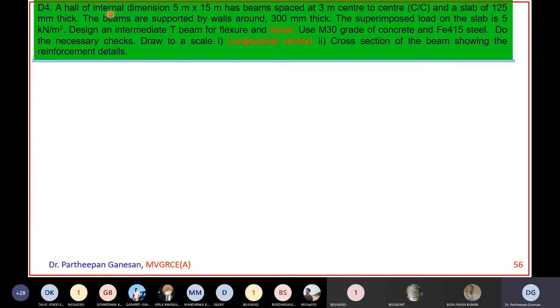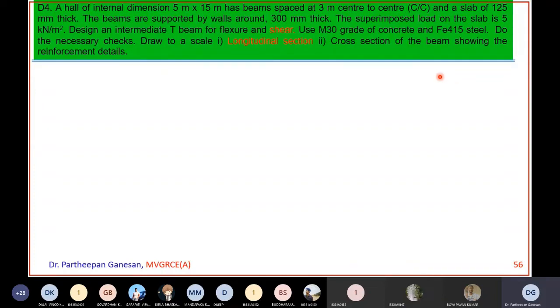A hall of internal dimension, make a note of it, internal dimensions 5 meter by 15 meter has beams spaced at 3 meter center to center and a slab of 125 millimeter thick. Okay, so the inner size of the hall is 5 meter by 15 meter.